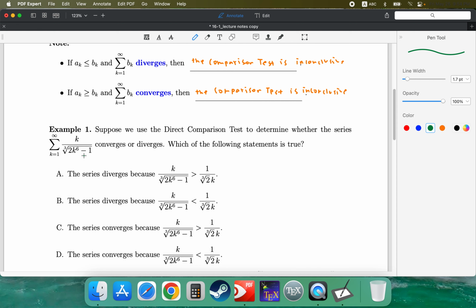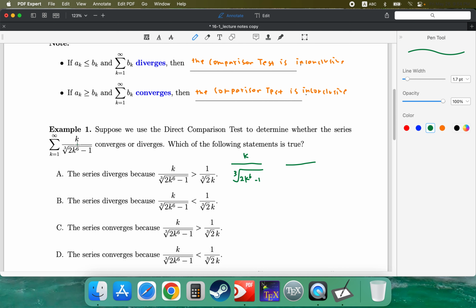Okay, so that is the series you want to pick. Now notice that I want to compare k over the cubic root of 2k to the 6 minus 1. I want to compare this unknown series. Of course, I want to compare the terms.